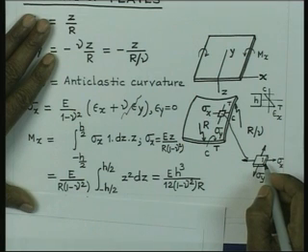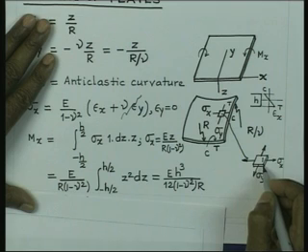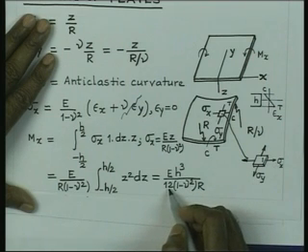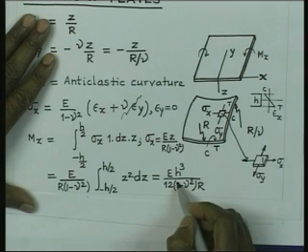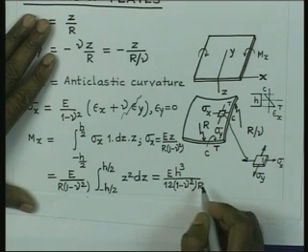So, the moment of inertia should have been b h cube by 12, so 1 into h cube by 12. That is what is in the case of beam, but here we have an extra effect which is due to the plate action, which is 1 minus nu square.